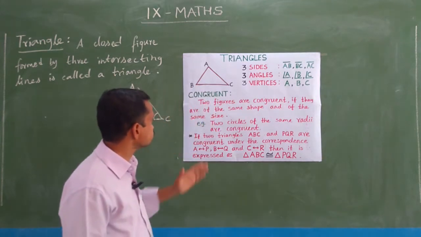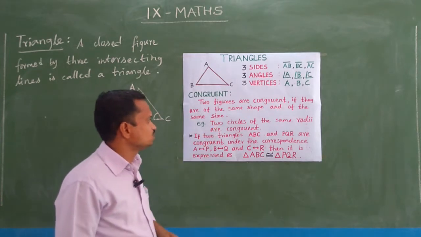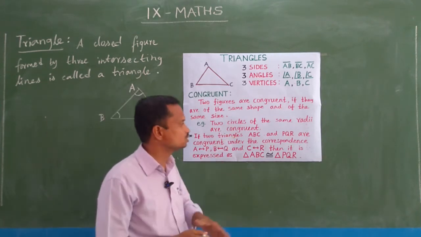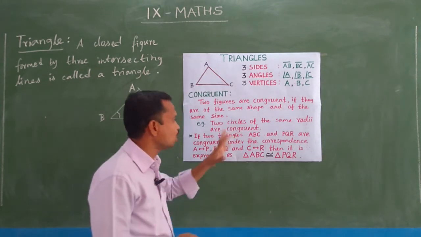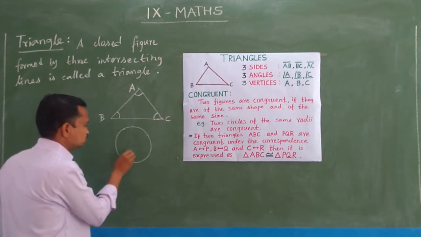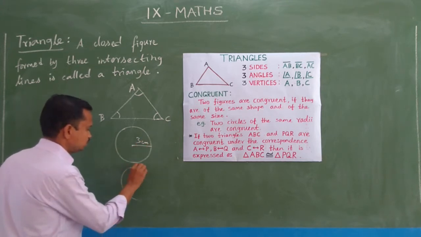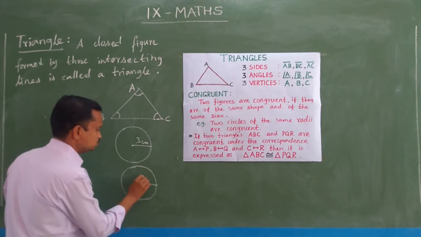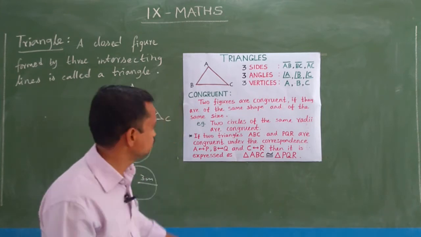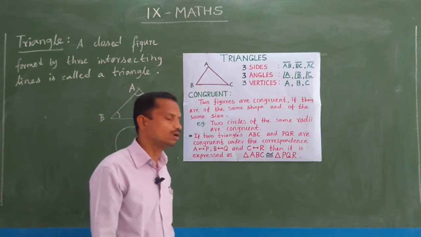Mathematically, we can give this example: two circles of the same radii are congruent.